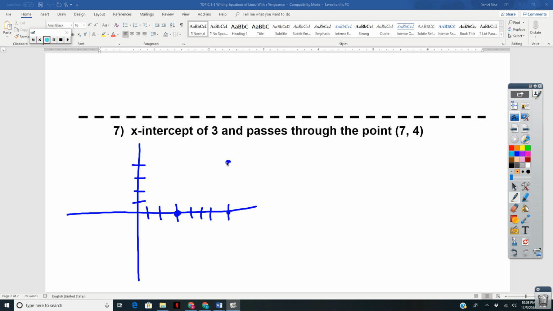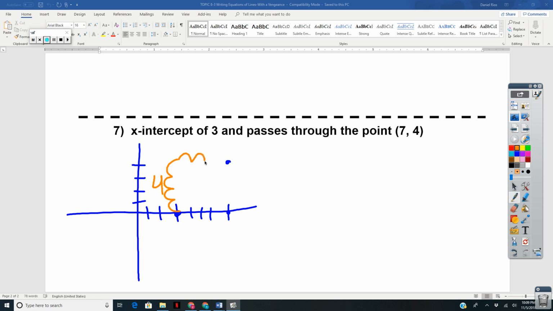Okay. I'm getting a little bit lazy, so I want to use what I already know about this. I already know that I can do rise over run for my slope, because I don't want to keep doing the formula. And I know that I'm going to go up 1, 2, 3, 4. And I'm going to run 4.